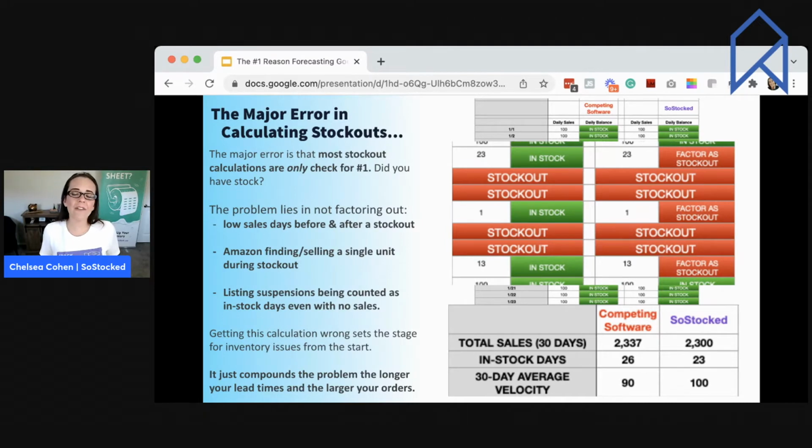So you need to have a system or a tool that analyzes this data properly. And then you will start to be able to get your true daily velocity. We call this daily adjusted velocity because we adjust it for stock outs, and it helps you to create more accurate orders without under ordering.